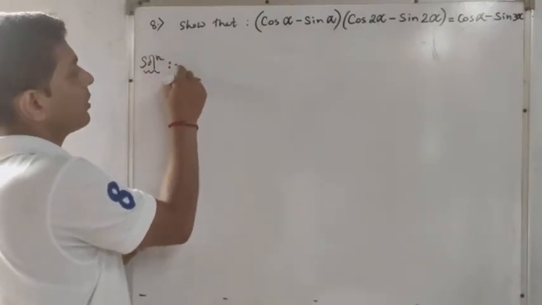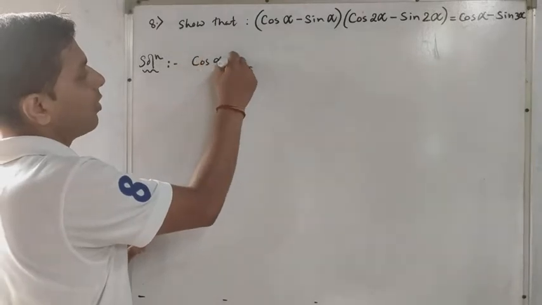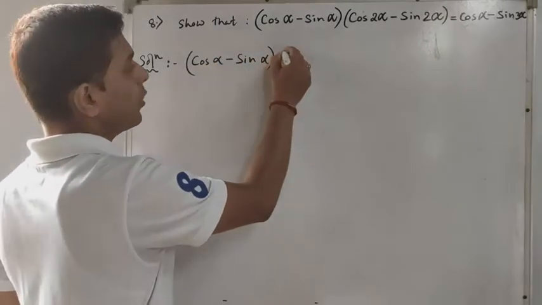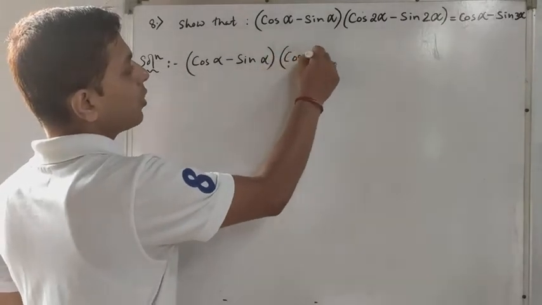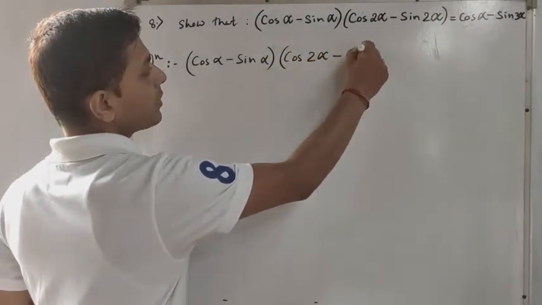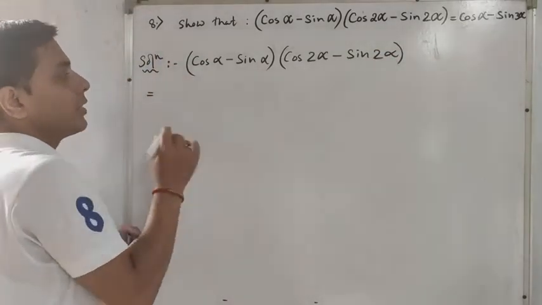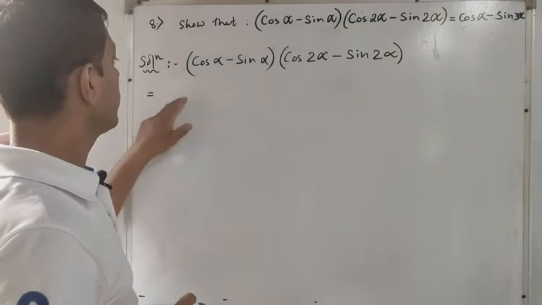I have written here left hand side, look at cos of alpha minus sine of alpha whole into cos of twice alpha minus sine of twice alpha. If you just multiply it and arrange it, then you will see what it is.